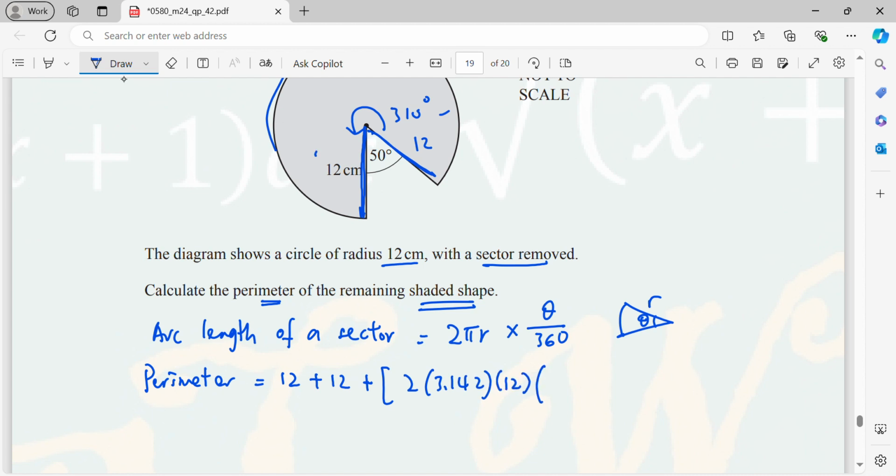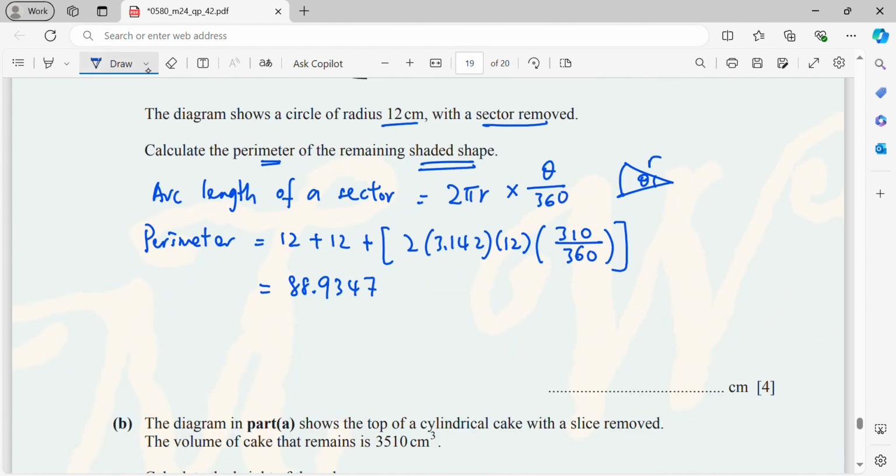Then I multiply with 310 degrees over 360 degrees. Okay, then from here the total of the value will be 88.9347. So now you round up to 3 significant figures. That is going to be 88.9. So that is the perimeter of the shaded region or shaded shape.